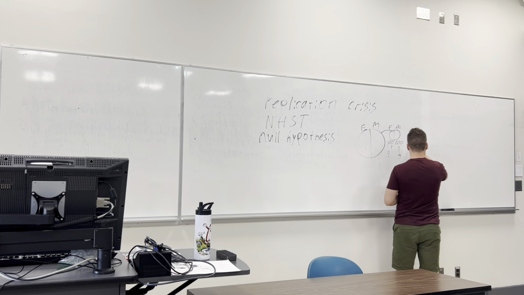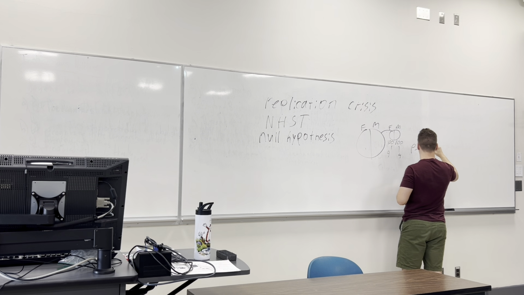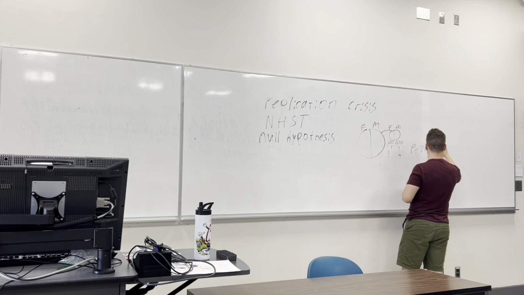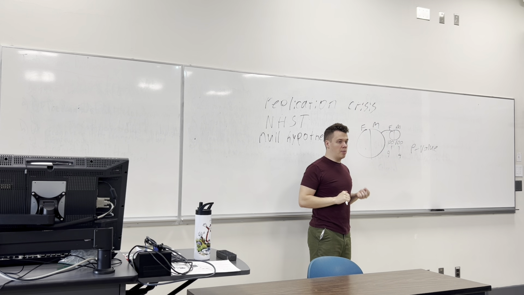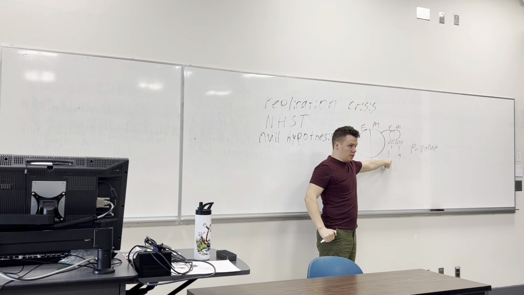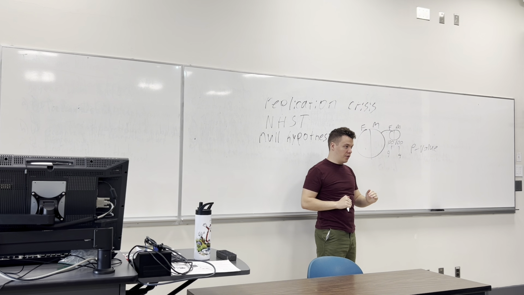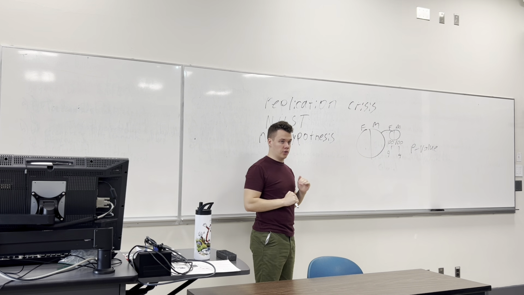What you calculate in order to do this procedure is a p-value. The p-value is the probability that you would get the result you got if the null hypothesis is true.